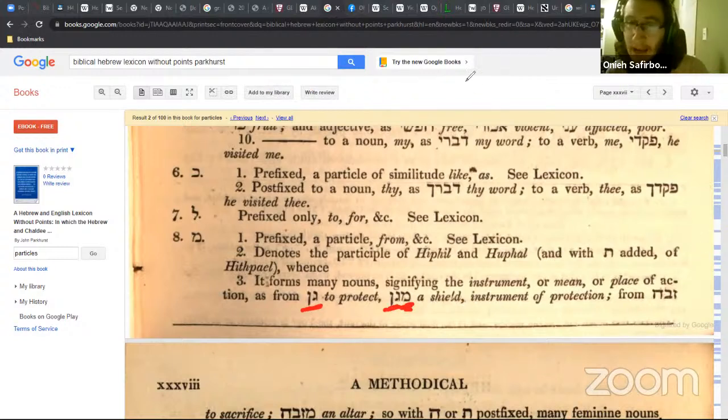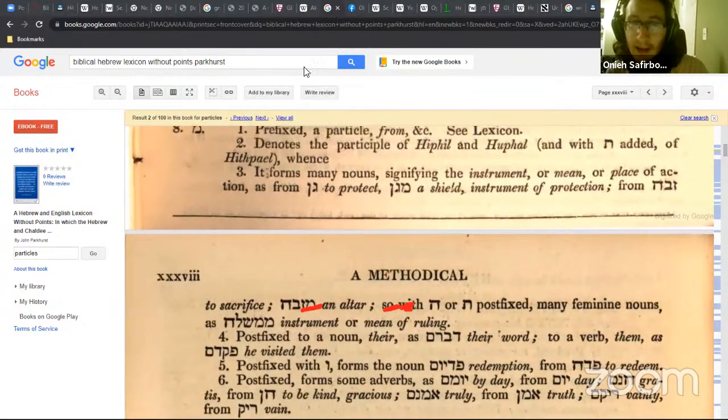Then we've got the next example, the word for altar, and that comes from sacrifice, zabe. So zabe is sacrifice.